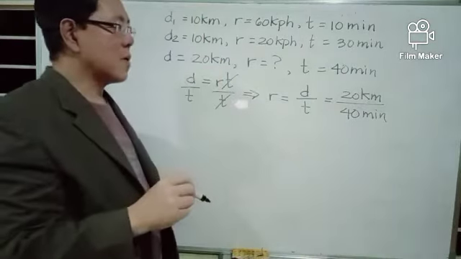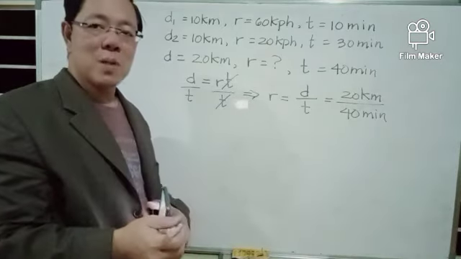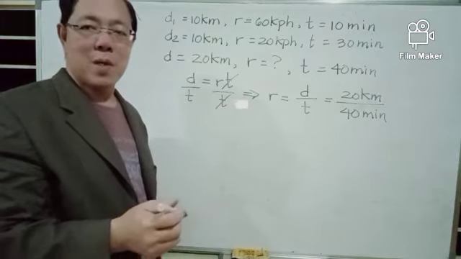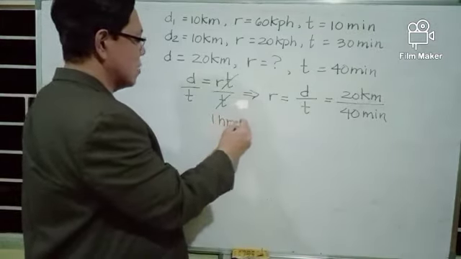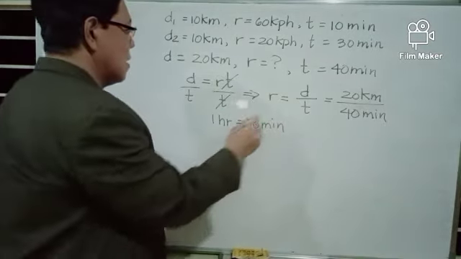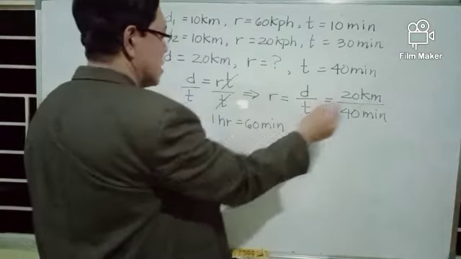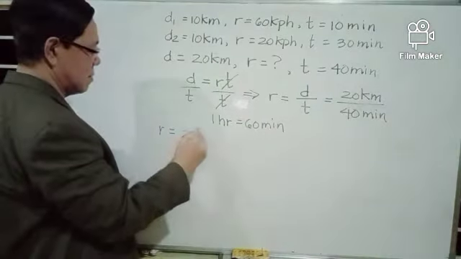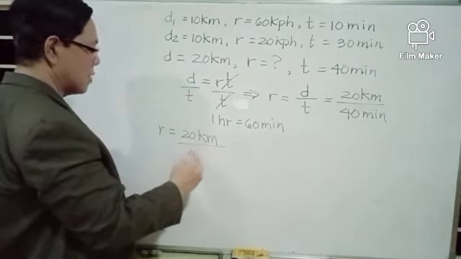Now we convert minutes to hours so that our speed will be in kilometers per hour. Using the equivalent units, 1 hour equals 60 minutes. R now equals 20 kilometers over 40 minutes.